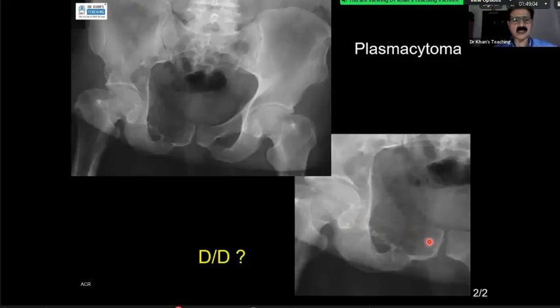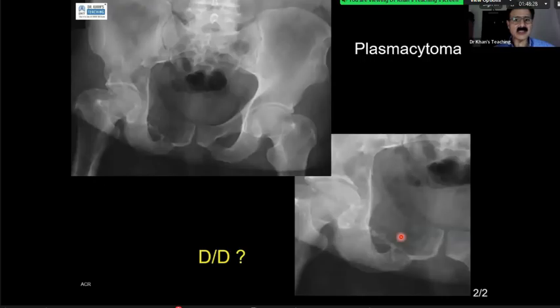Now, if you see here, this is a classical soap bubble lesion. And this is the fine touch in the exam, where you see a soap bubble lesion. Soap bubble means that there are multiple internal trabeculations, as if there are multiple cysts inside the lesion. It is causing expansion. Please remember, when we describe a tumor in a long bone, one of the key parameters to differentiate an aggressive lesion from a non-aggressive lesion is the zone of transition.